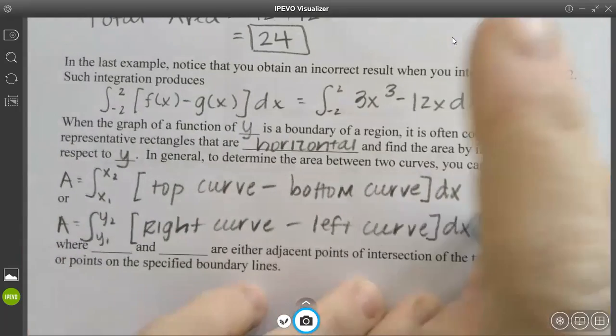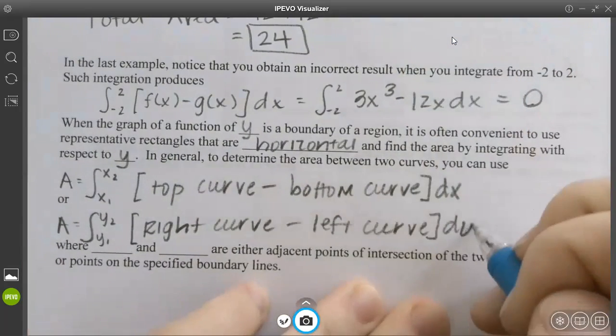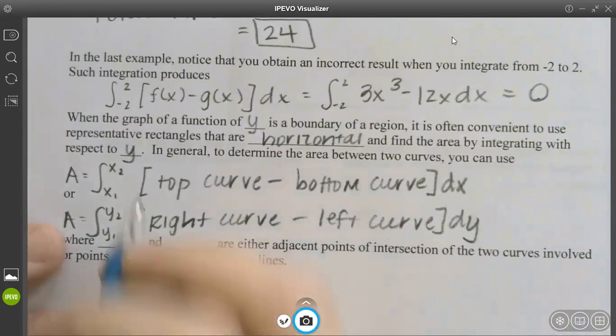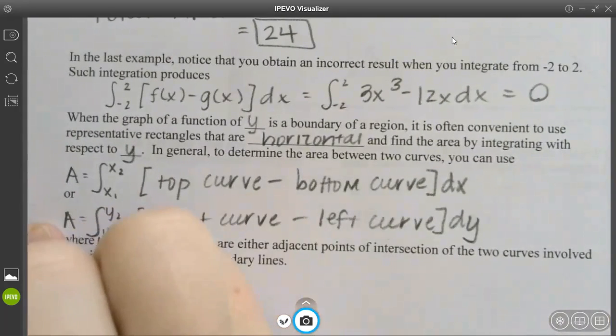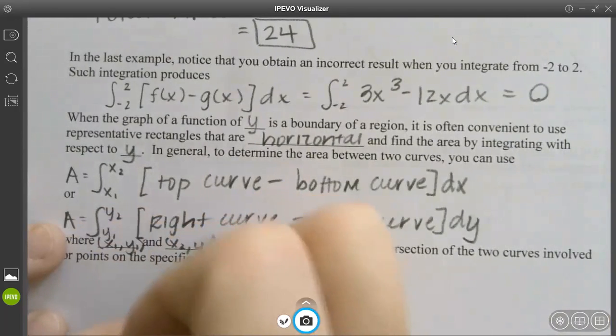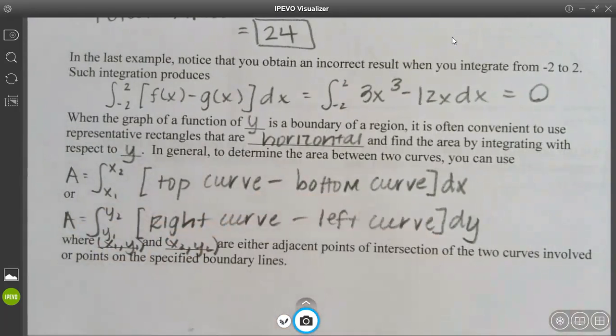Oh, dy. Where this says x1 comma y1, x2 comma y2. So your coordinates x1, your first x and y, and your second x and y are either adjacent points of intersection of the two curves involved or points on the specified boundary lines.